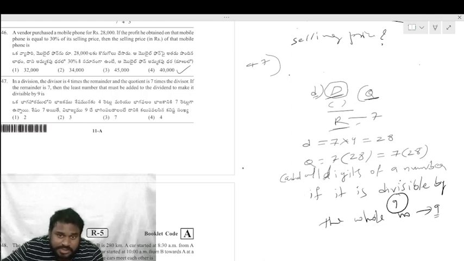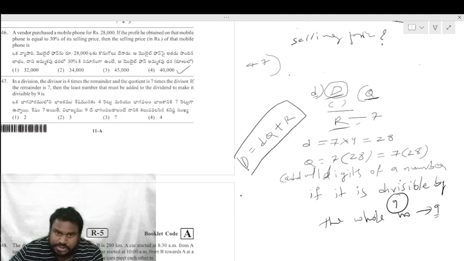As per the division principle, capital D is equal to d into Q plus R. I'll use this.